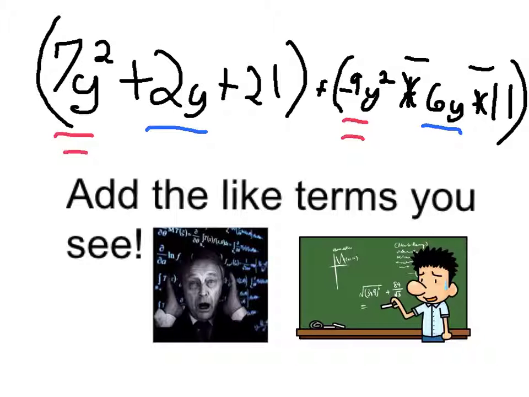And then even though this doesn't have any type of y or anything, this can also go with this. But this couldn't go with this because they're not like terms. It has to have something like a y with a y, or a y square with a y square, or else it won't come out right. On to the next slide.